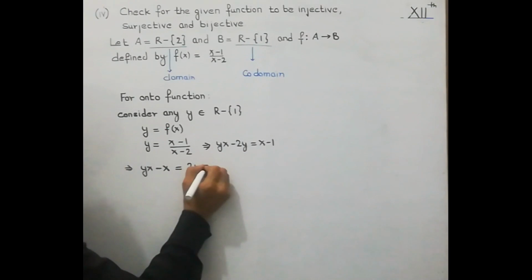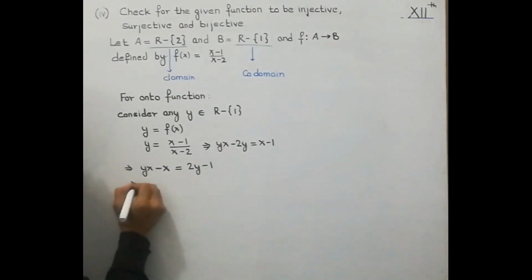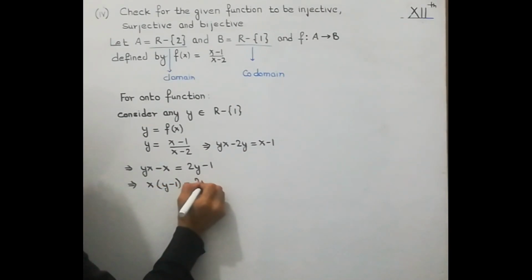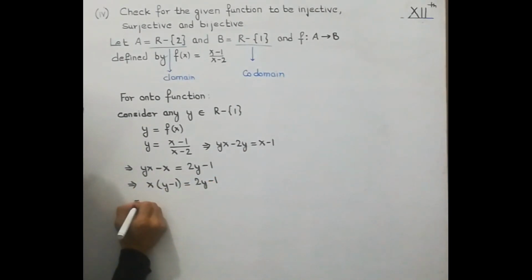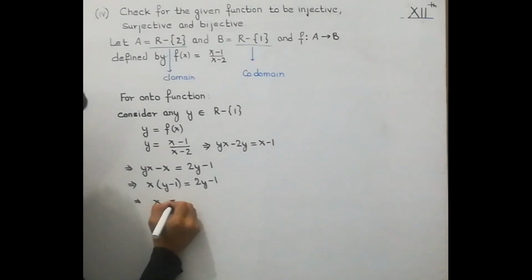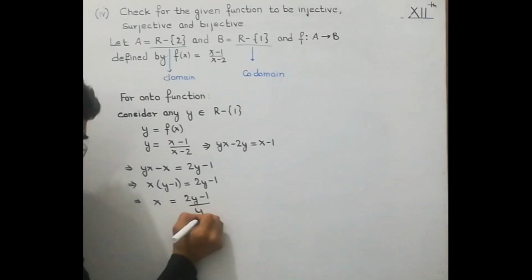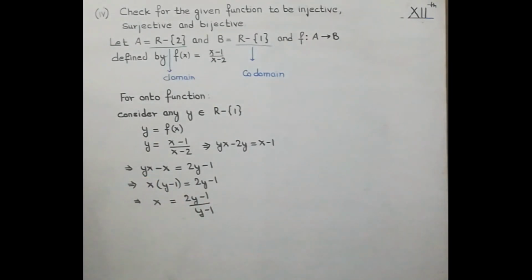We are getting x equal to (2y minus 1) upon (y minus 1). This means for all real values of y except 1, x will also get a real value, isn't it?